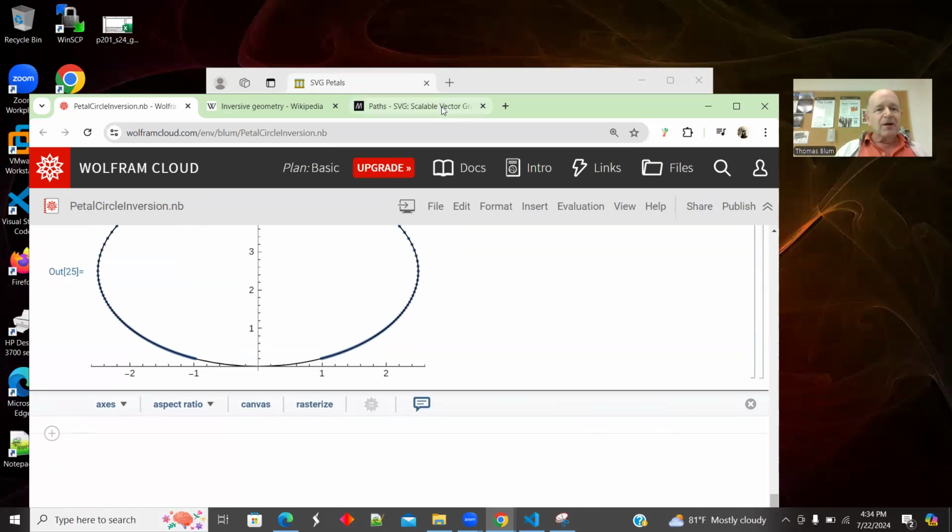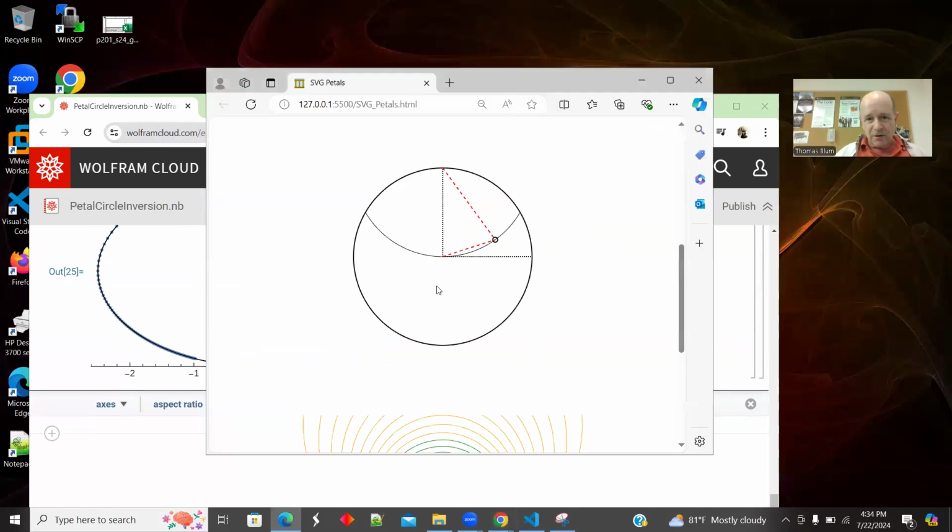Okay. So that was some fun, just confirming this idea that if you have a semicircle that goes through the origin, then its inverse is this parallel line.